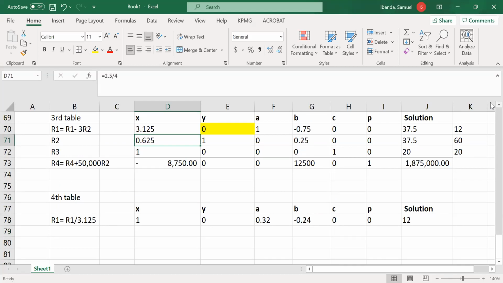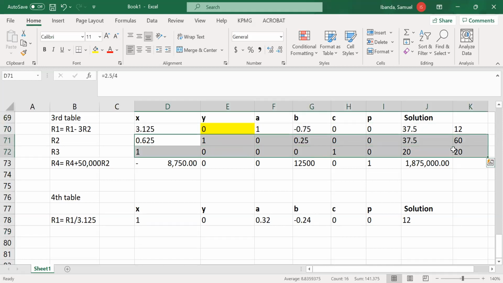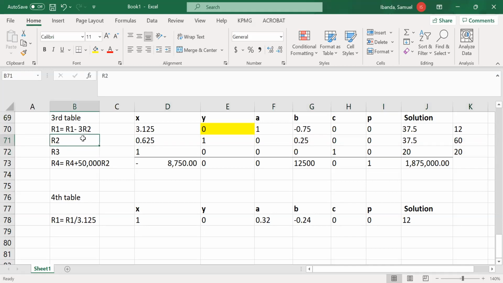You can do it all together at the same time. Let's see how this is, because this was our third table. Instead of rewriting this, I can rewrite all this information right here and then start making them 0, or else I can make them 0 from here. So what I will do is my row 2 has to be 0. So ideally this has to be 0.